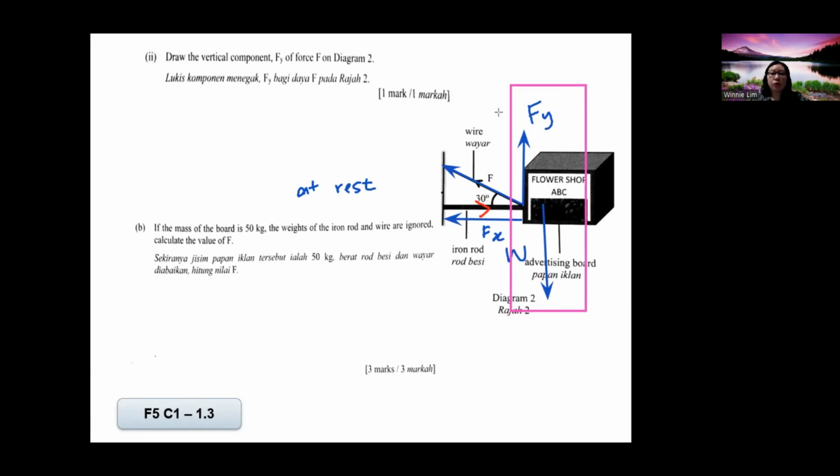And if you look at the horizontal component, the Fx and the one that I labelled with the red one, the force on the iron rod, maybe I put it force on iron rod Fi, they should be equal in magnitude. If the direction is opposite, when you add up, you will get 0. Similarly, Fy plus negative weight, you will get 0 as well. But they should have the same magnitude, meaning same value.